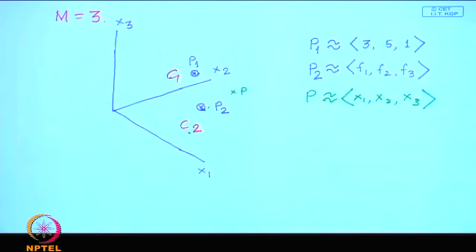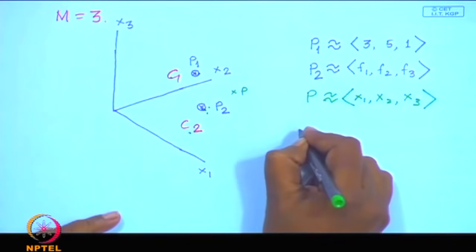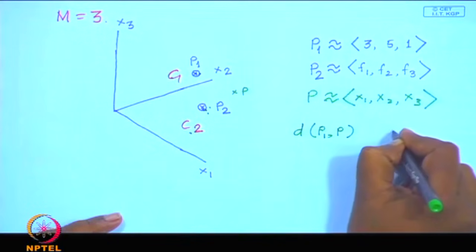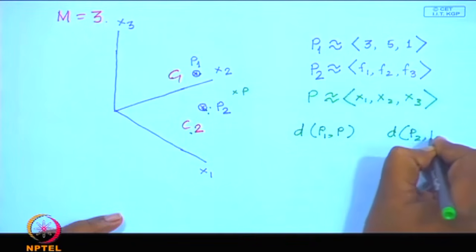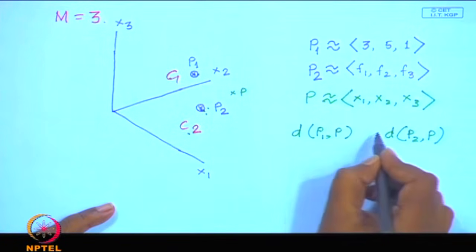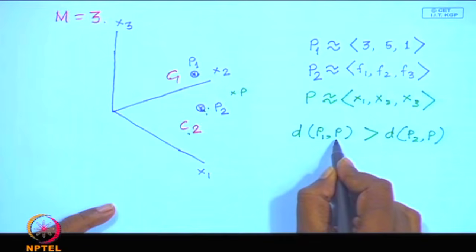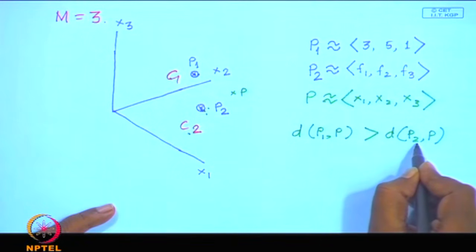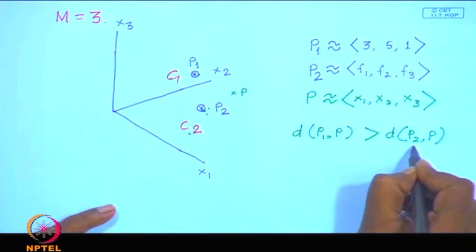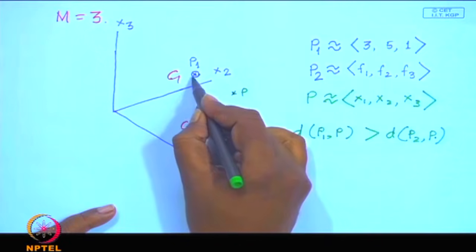I find out the distance from P 1 to P, I find out the distance from P 2 to P. So, what I have to do is, I have to find out the distance between P 1 and P and I have to find out the distance from P 2 to P. So, if I find that the distance from P 1 to P is greater than the distance from P 2 to P, that means this unknown pattern P is more similar to P 2 than to P 1, because the distance between P 1 and P is more than the distance between P 2 and P. So, this unknown pattern P is more similar to P 2 than it is similar to P 1.